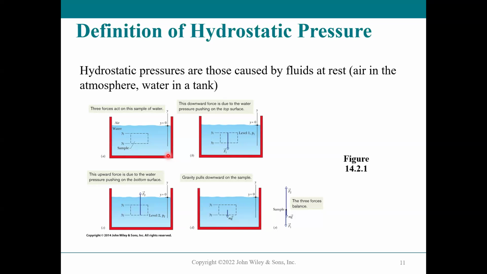And in the beginning chapter, we know that mass is rho times volume, right? Mass is the density times the volume.